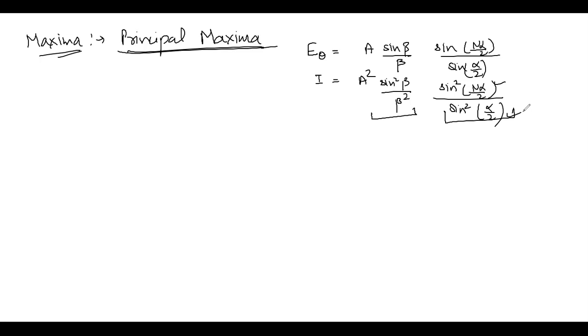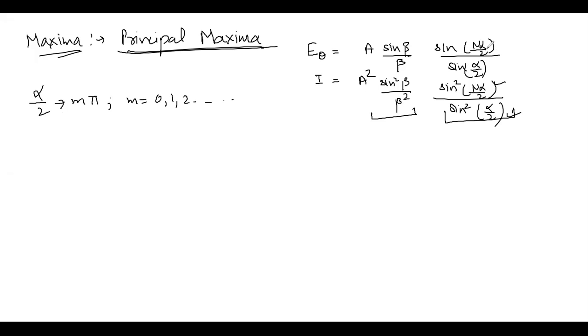If here I claim that when alpha by 2 tends to m pi, where your m would take value 0, 1, 2, and so on, what would happen in that case? Both of these would become 0, right? For example, if you take m is equal to 0, in that case your alpha by 2 is 0.